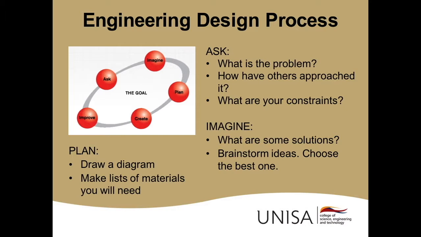Next, there's imagine. So imagine some possible solutions for your task. Brainstorm ideas and pick the best one, or keep the 2 most promising ones in case your best one doesn't actually work. Keep in mind that brainstorming is a process where you're just gathering ideas and you're not judgmental on any of those ideas.